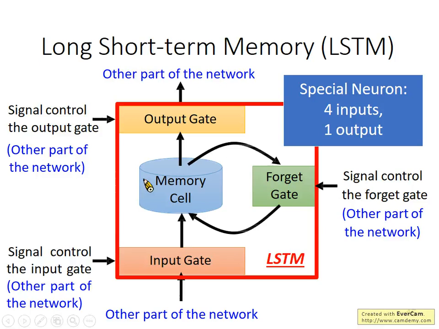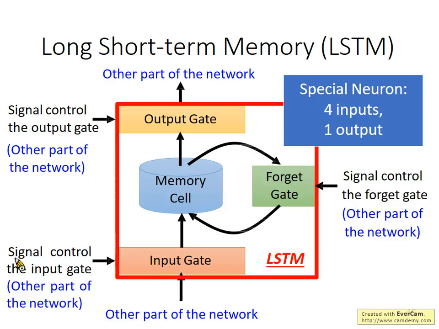In implementing RNN, how exactly do we implement the memory cell? One of the most standard ways to implement the memory cell is called LSTM, long short-term memory. So how can we do that? Assume that we now have an input signal, and we have an input gate to control whether the input signal can be considered.